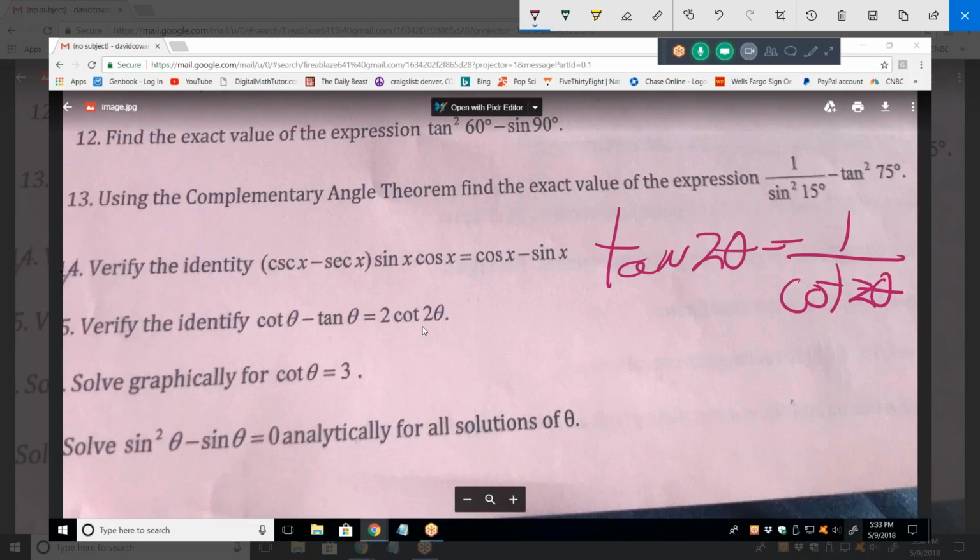Or vice versa, cotangent of 2 theta is 1 over tangent of 2 theta. It's like there's an imaginary 1 in front of the tangent. It doesn't matter if it's 2 theta or 210 theta. Tangent of 210 theta is the same as 1 over cotangent of 210 theta.